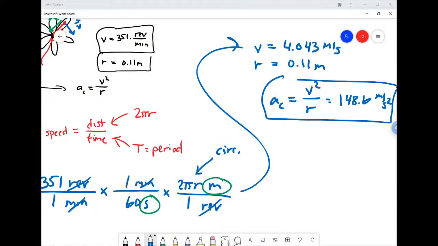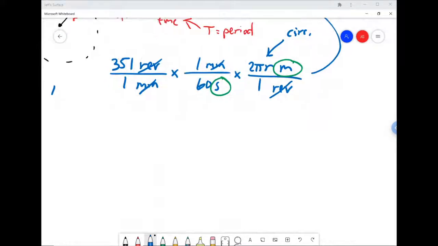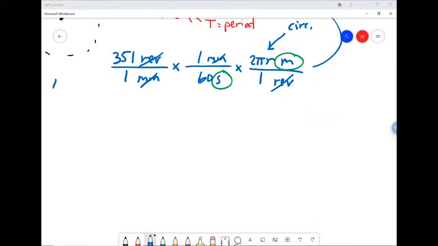What I'm saying is, if we have V in revolutions per minute, and we multiply by 2 pi r over 60, that's going to lead to V in units of meters per second.